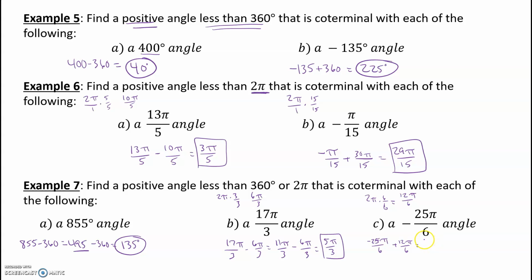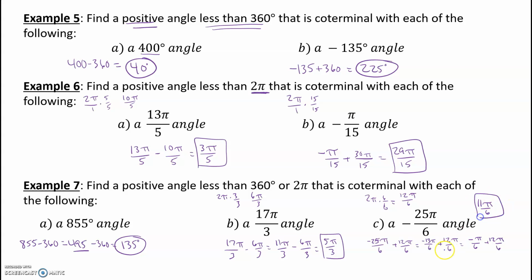And we get negative 13 pi over 6. So we need to add another one. And then we get negative pi over 6. So we got to add one more to make it positive. And I'm running out of room, so I'm going to write it up here. So we get 11 pi over 6.